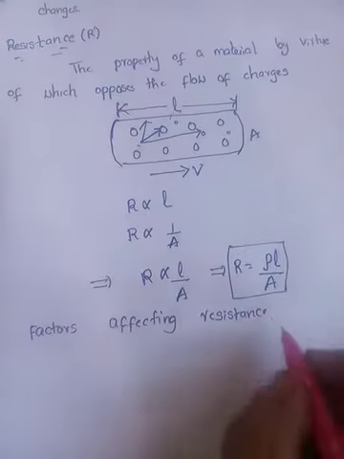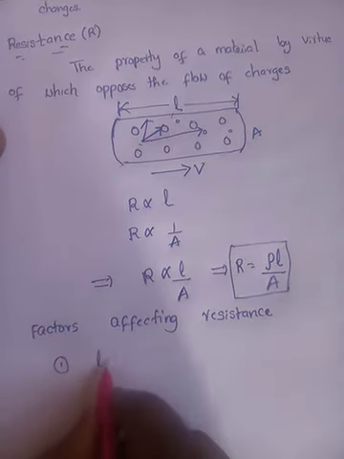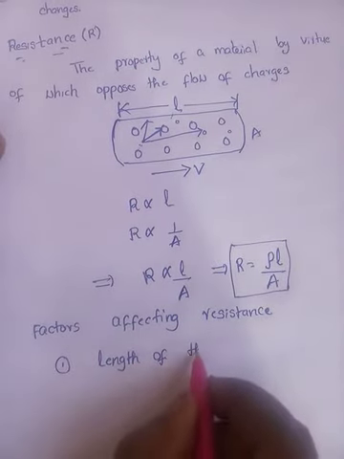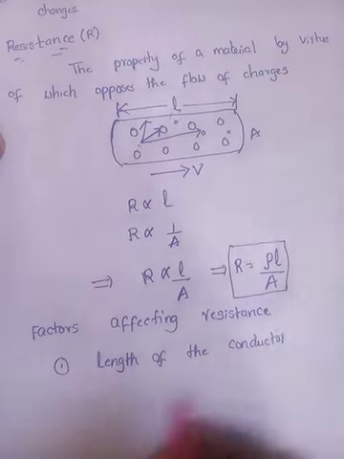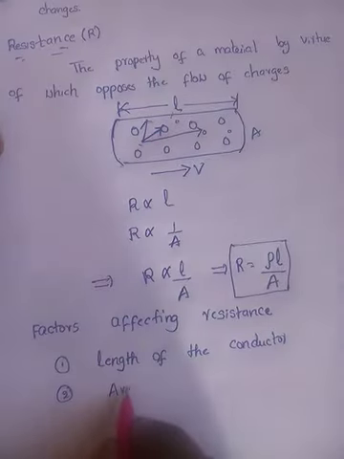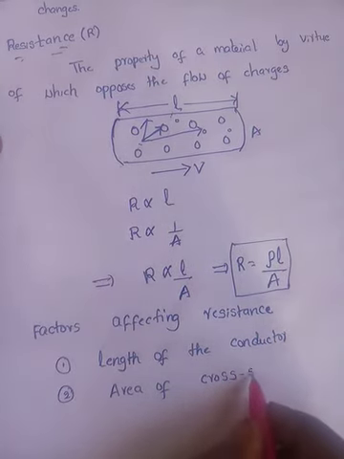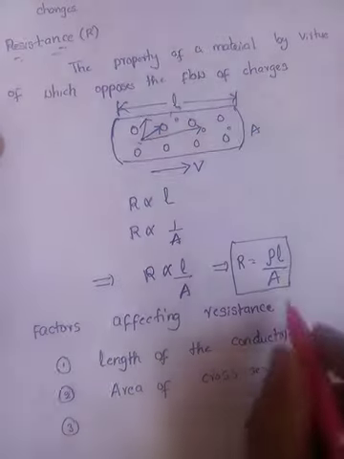First one, it depends on the length of the conductor. Next, it is inversely proportional to area of cross section, and rho.